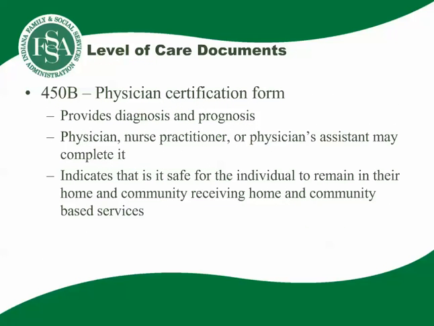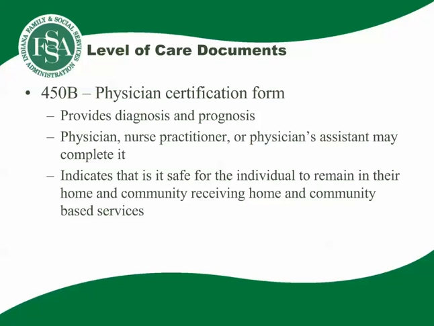So let's talk for a minute about the documents that are involved with level of care determinations. First of all, we have a form that's called the 450B, and this is the physician certification form. This form provides us with some useful information in terms of the diagnosis of the individual and their prognosis as well. The form can be completed by a physician or a nurse practitioner or a physician's assistant.